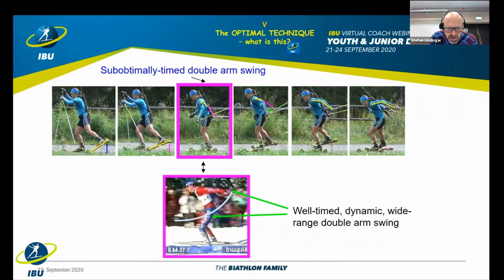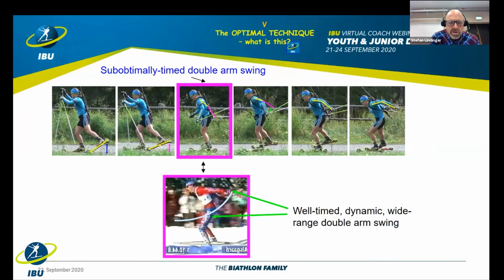But Thomas Alsgaard below, compare those two positions, please, in pink. Same leg position, but completely other timing of the arm position. So he now starts to push with the left leg and can continuously and simultaneously swing the arms cross forward in a very intensive, efficient way together with the push-off.